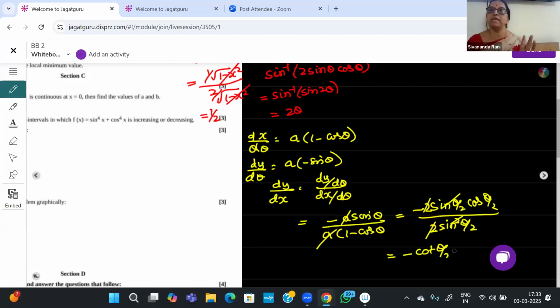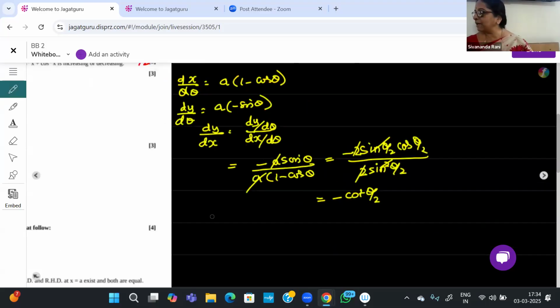How many of you got the first derivative correct? Most of you got the first derivative right. The second derivative is nothing but the derivative of the first derivative with respect to x.